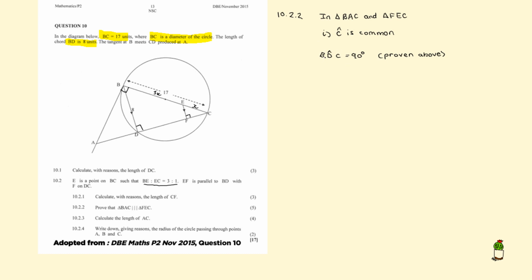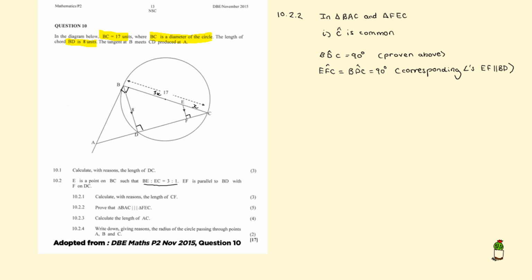Okay, and angle EFC is equal to angle BDC is equal to 90 degrees because these two are corresponding angles, EF is parallel to BD.